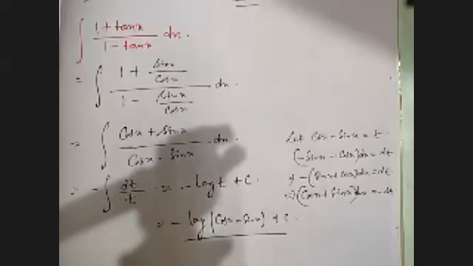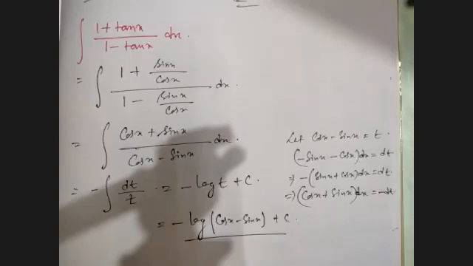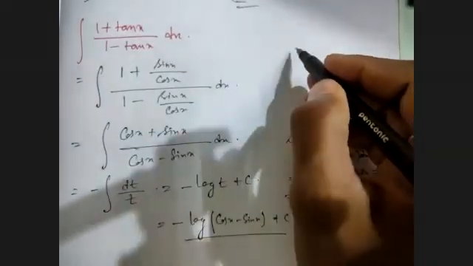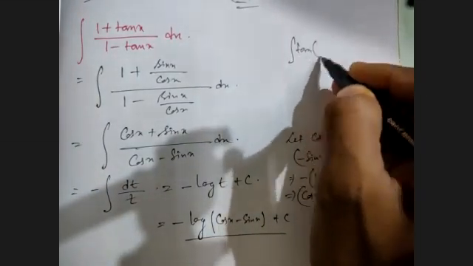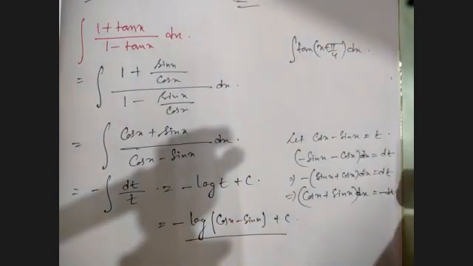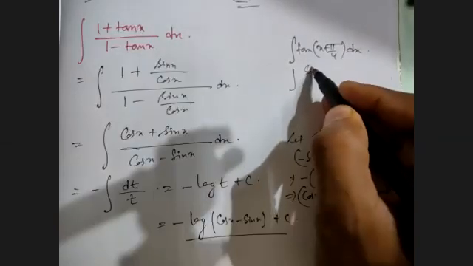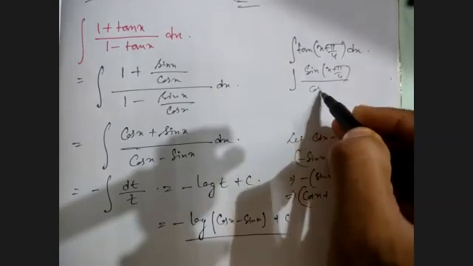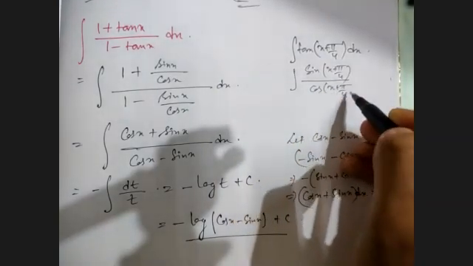Sir, if we write there tan of pi by 4 plus x? Yes, that only I am telling you. If you write tan pi by 4, you will get integration of tan of x plus pi by 4. This formula. Then that means sine of x plus pi by 4 by cos of x plus pi by 4 also you can write.